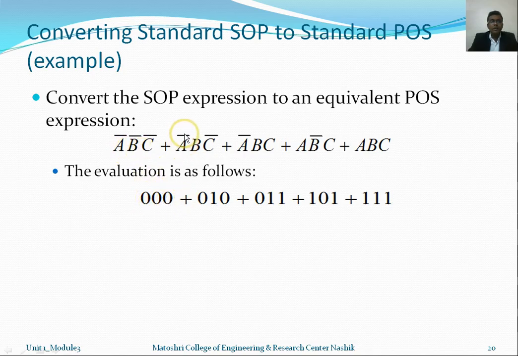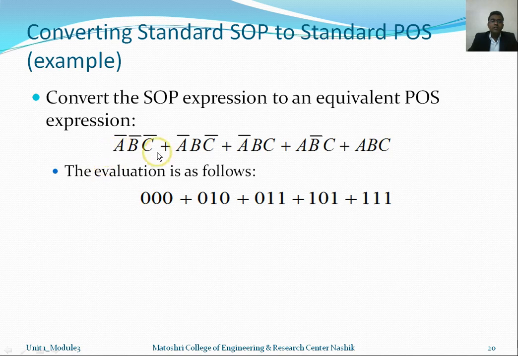Similarly, in case of A bar we again get 0, where B is not complemented, so its value is 1. C is complemented, so again the value of C is 0, and so on for the following product terms. So A bar B C is 0 1 1, then 1 0 1, and this is 1 1 1, because no variable is complemented here.